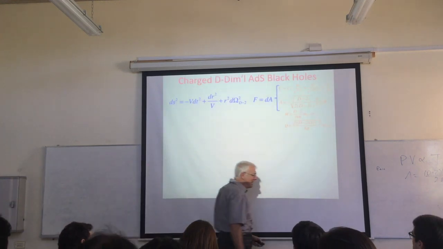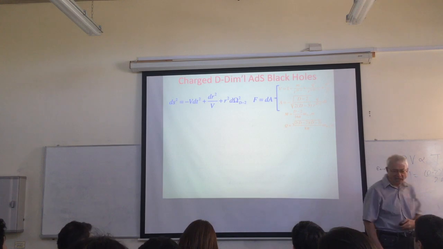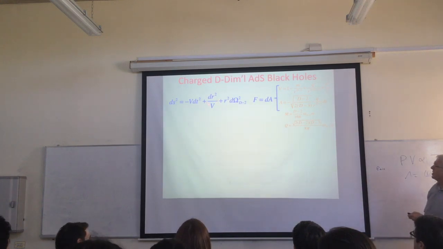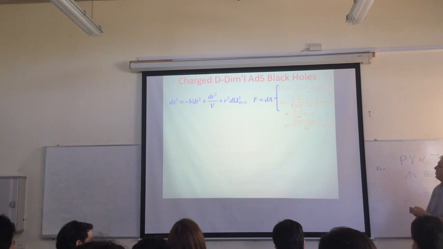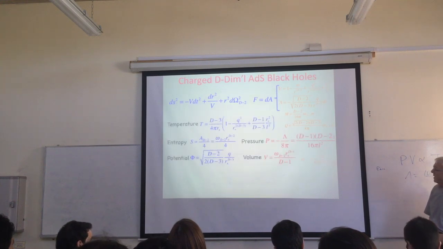So for the d-dimensional AdS black holes, the metric is the same, except you have a d-2 spherical volume element. Here I have written the metric function, potential, and mass and charge that are measured at infinity in terms of little m and little q. Here are all the thermodynamic parameters.